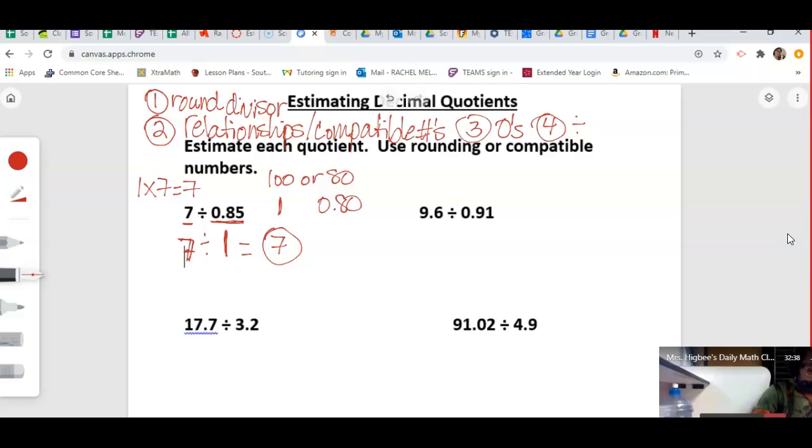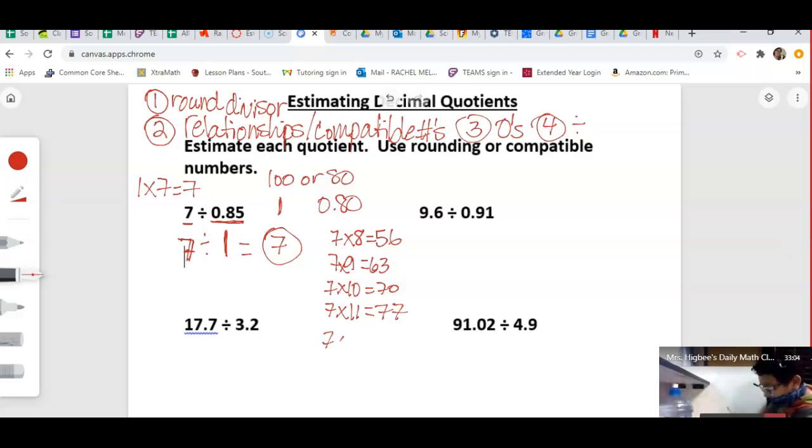Now, I could have used my knowledge of sevens. So I know that 7 times 8 is 56. 7 times 9 is 63. So I'm getting closer. Let's see, 7 times 10 is 70. 7 times 11 is 77.